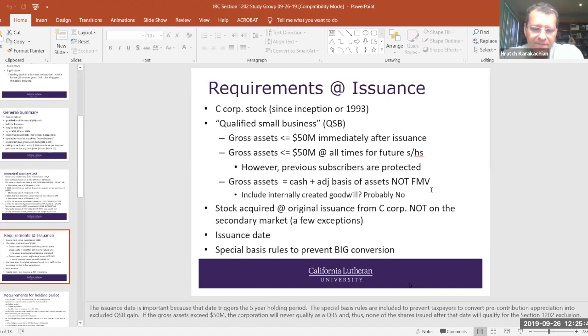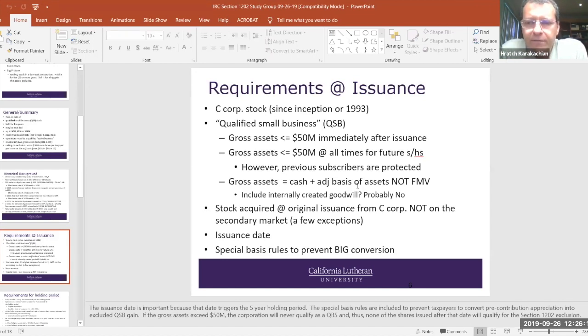So let me give you an example. Let's say somebody forms a corporation and contributes 2 items to it, $100,000 in cash and a patent that has a fair market value of $900,000. So effectively, this individual contributes $1 million into a corporation. But his adjusted basis in that patent is very low.